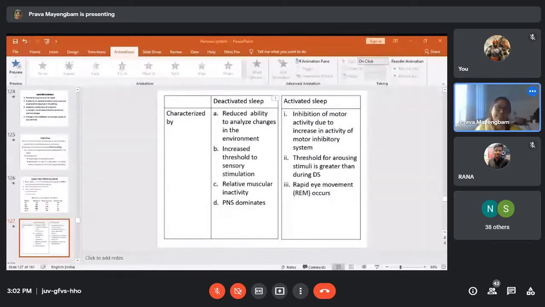During that, the first point is that there will be reduced ability to analyze changes in the environment. That means he will not be aware of what the teacher is explaining. The teacher may be shouting, telling to write something, and he may not be able to hear, listen, or see what the teacher is writing on the blackboard. That means there is reduced ability to analyze changes in the environment.